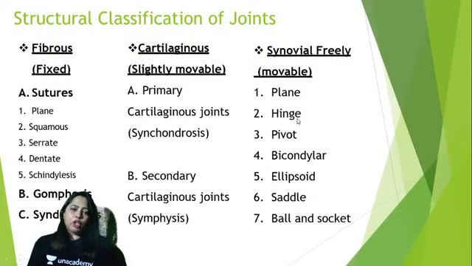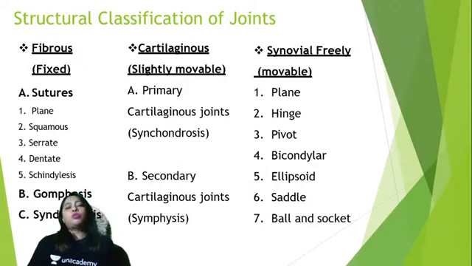There is something like door hinges, and you know that there are various movements in the joints: flexion, extension, adduction, abduction, rotation, and also circumduction. Plain type joints will have just sliding and gliding movements. There is no flexion or extension.